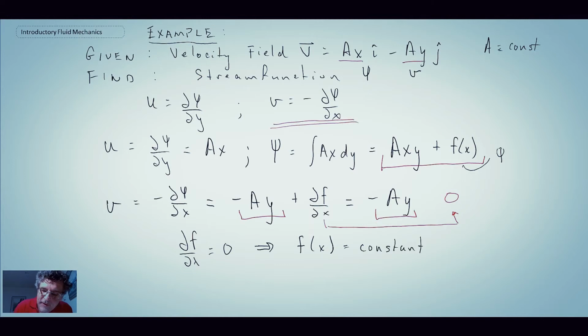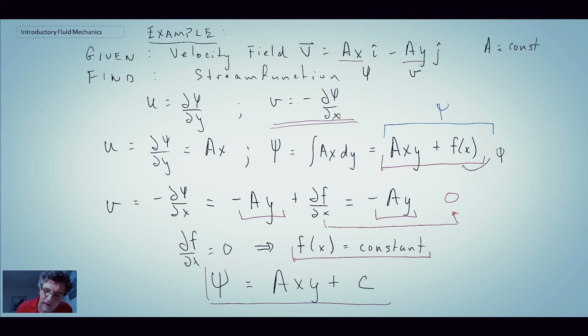So it's not a function of x, it's just some constant. So if we know that f of x is equal to a constant, and we know from up here what psi is equal to, we can combine those two, and we then come up with an algebraic expression for our stream function as being axy plus some constant.